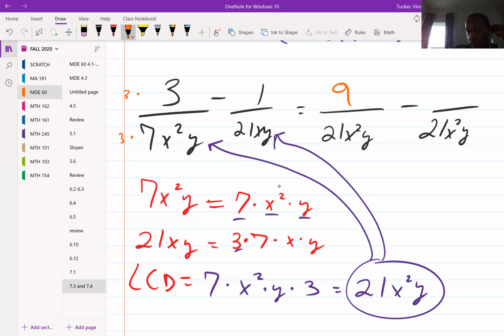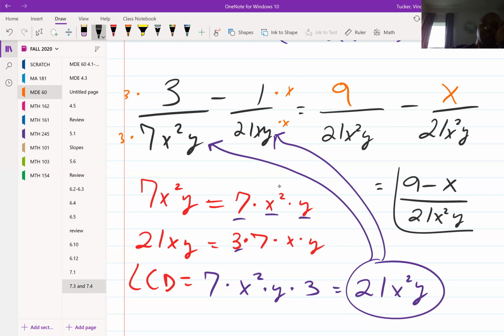Said what times 21xy will give you 21x squared y? And it's just x. And so negative 1 times x would be negative x. Now I can finish off the problem. That's 9 minus x over 21x squared y.